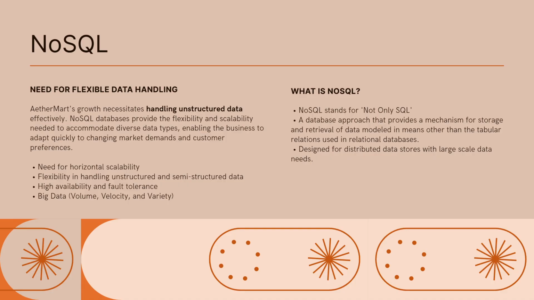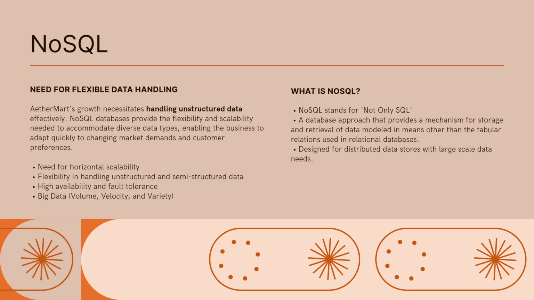So right now in this internet world, we get data in lots of different structures. There is no particular structure to data. So there is a need for some database which can store that kind of data. So there comes NoSQL. It is designed for flexibility, scalability, and high availability.